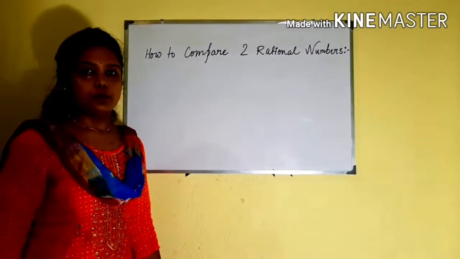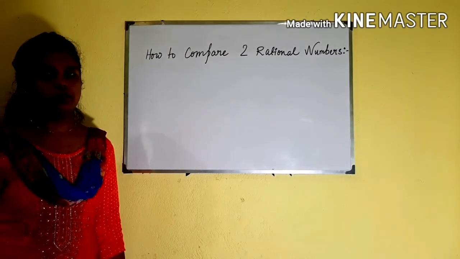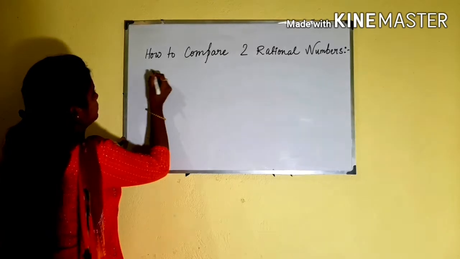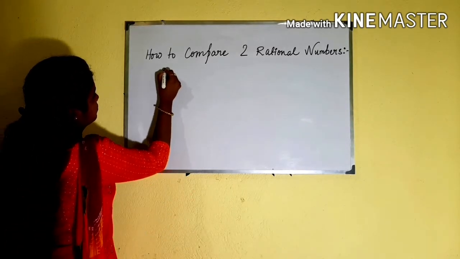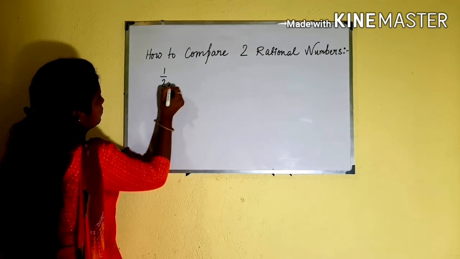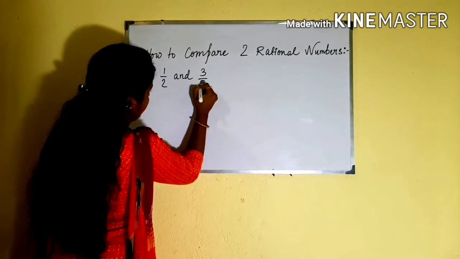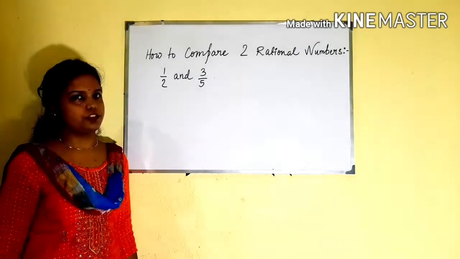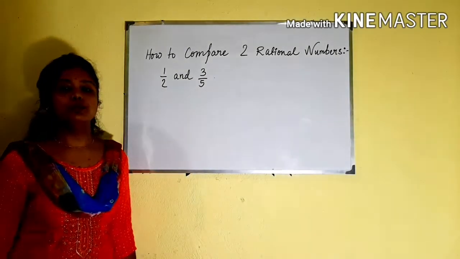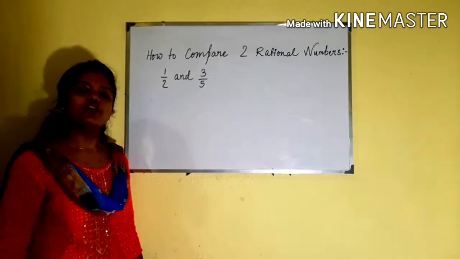Next, our topic is how to compare two rational numbers. Let us take two rational numbers, 1 by 2 and 3 by 5. Now we are going to compare these two rational numbers. So what are we going to do first?